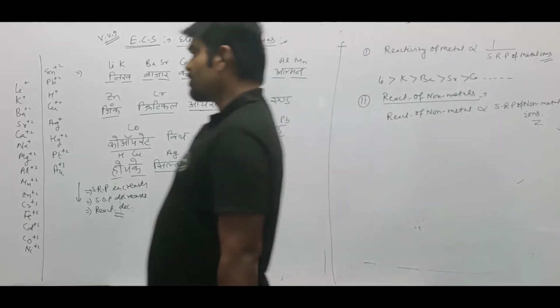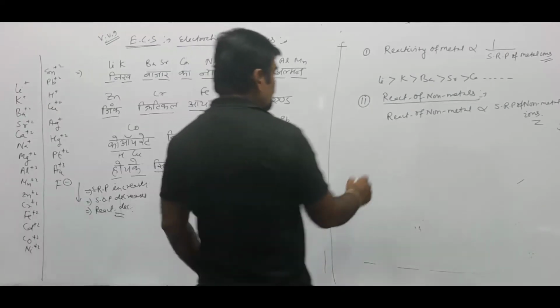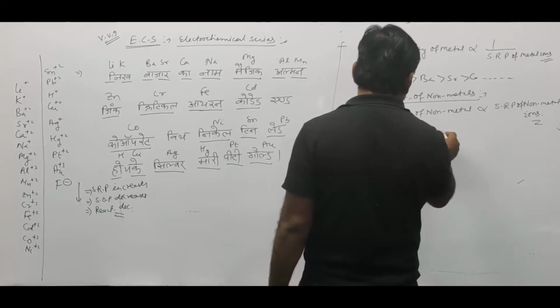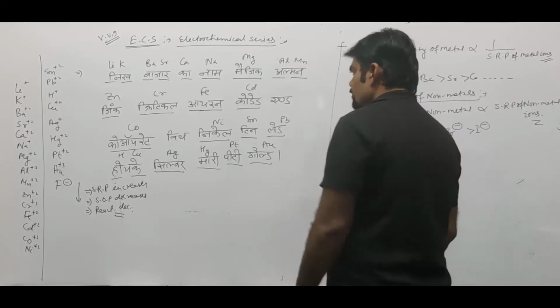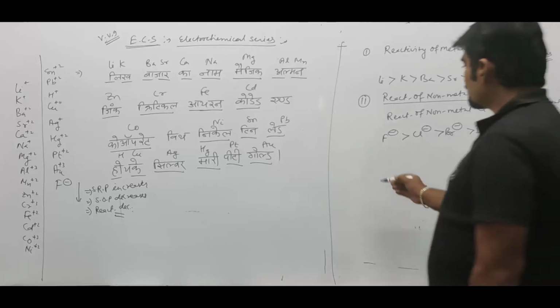Therefore, at the last, there is F minus. So, what does it mean? F minus is having more reactivity than Cl minus, then Br minus, then I minus.